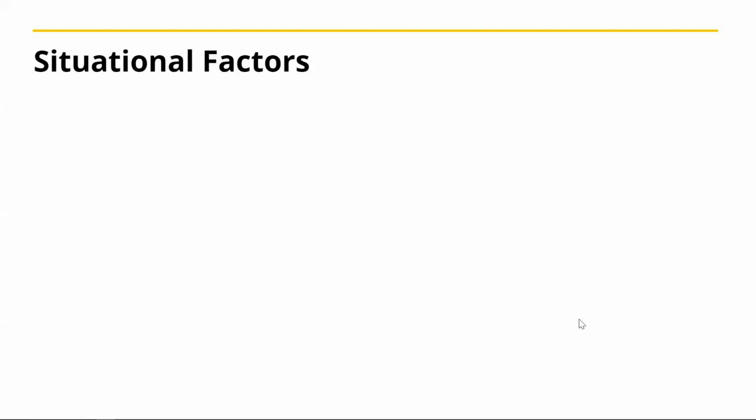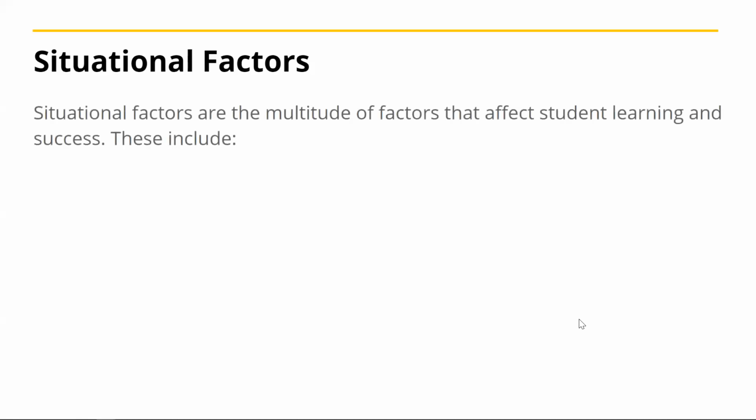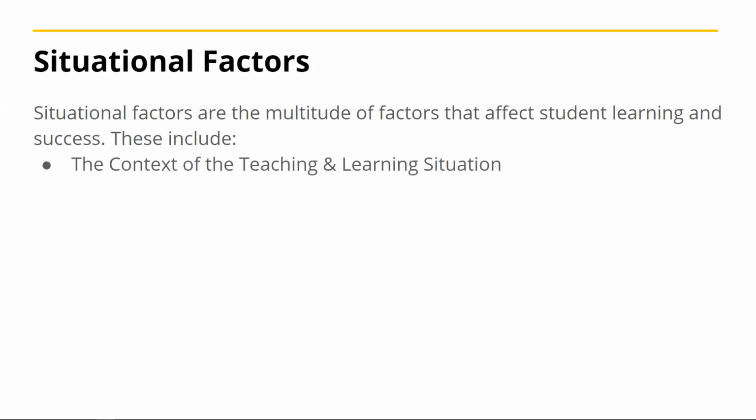If we think about situational factors in the learning environment, situational factors are really the multitude of factors that affect student learning and success. D. Fink, who is sort of the seminal author in course redesign at the post-secondary level, talks about the context of the teaching and learning situation.